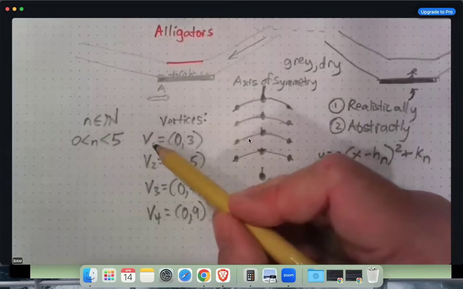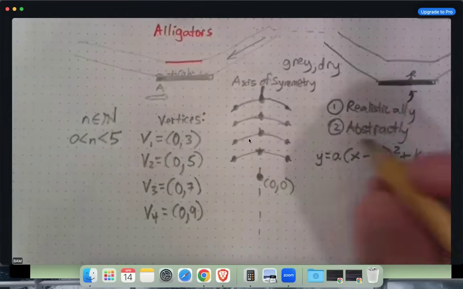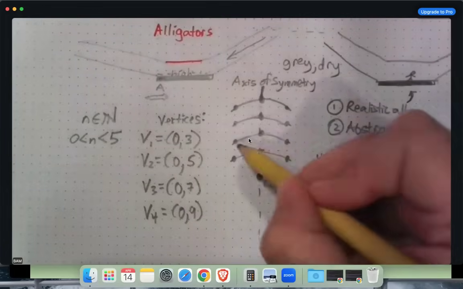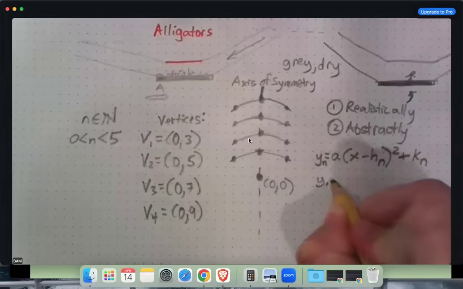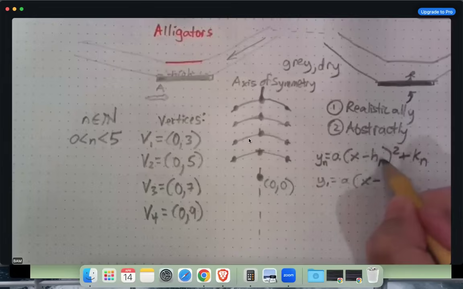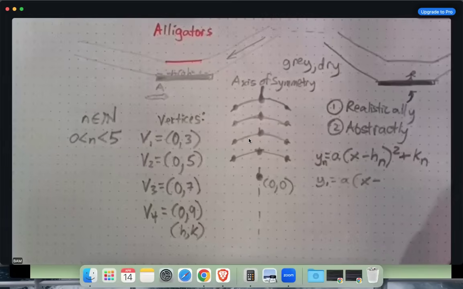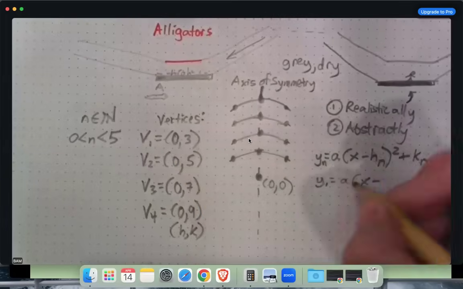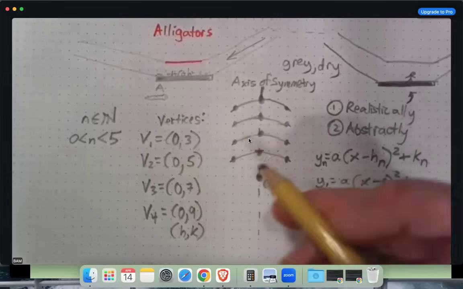So when n is 1, the vertex is at (0, 3), and so on. And then we could put it in here also. Now all the a's are going to be the same because they all have the same steepness. y sub 1 is a times (x minus, and all of these are also in the form h comma k, 0) squared plus 3.